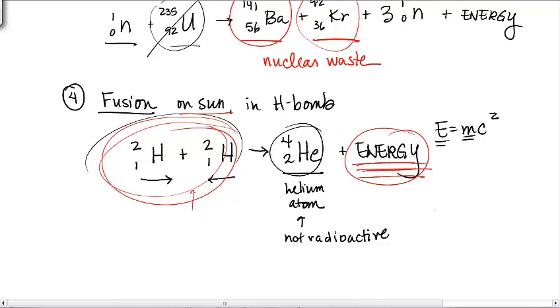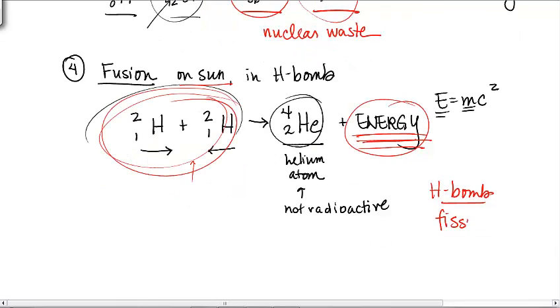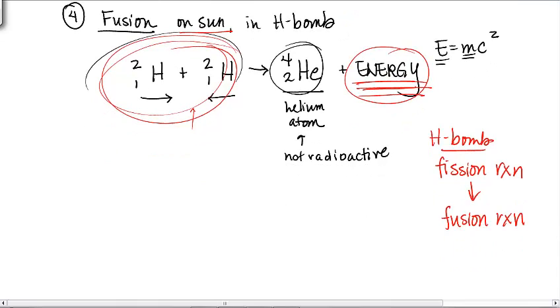A hydrogen bomb has a fission reaction which produces an enormous amount of energy, and that energy is then used to fuel a fusion reaction. So a hydrogen bomb is that much more destructive, because you get all the energy from the fission reaction, it fuels the fusion reaction, which gives even more energy, and it's an extraordinarily destructive weapon.